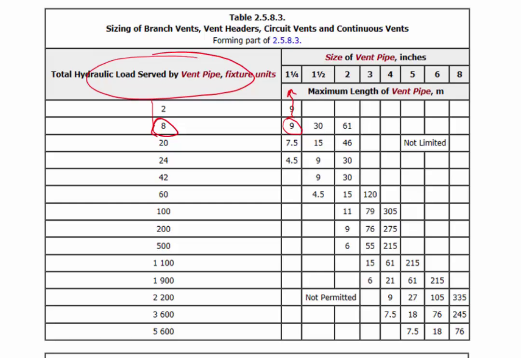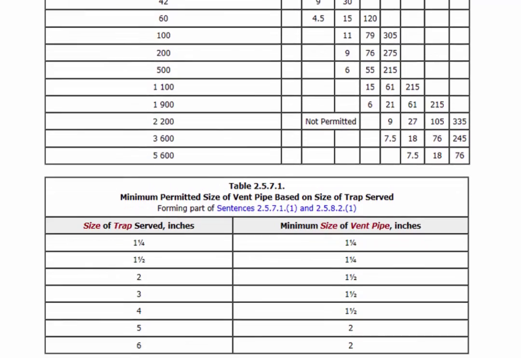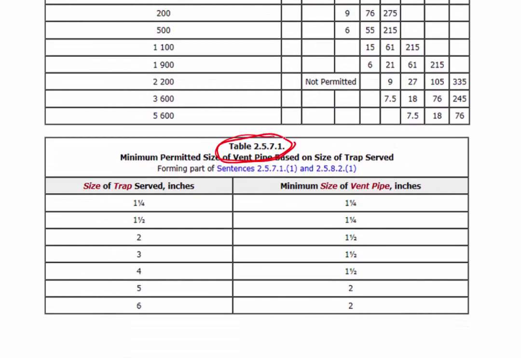So initially, table 2583 says that a continuous vent serving only 5 fixed units up to 5 meters in length, really up to 9 meters in length, can be 1.25 inch. But according to table 2571, which must be accommodated with all dry vent sizing, we have to serve this 3-inch fixture, this 3-inch trap, or what we call a 3-inch fixture, the water closet.